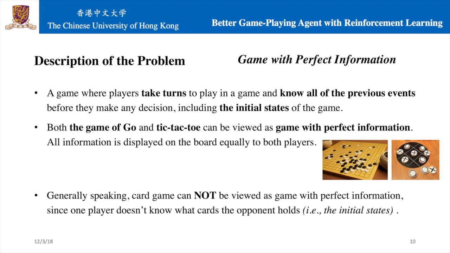An example of a game without perfect information is a card game. Generally speaking, one player can't know exactly what cards the opponent holds, so he can't know the initial states of game, so this is not a game with perfect information.